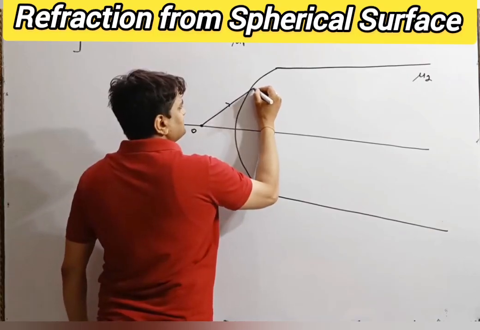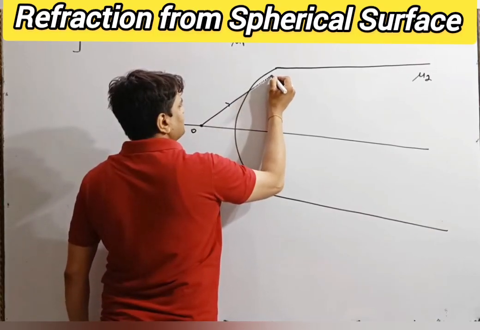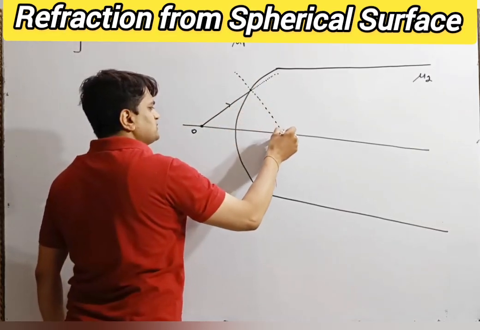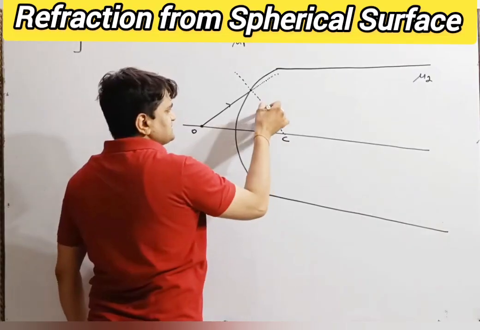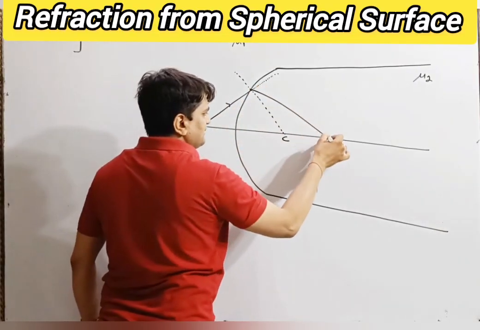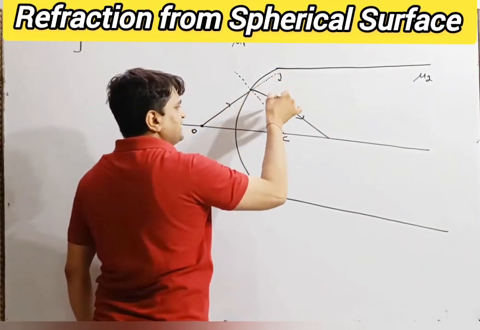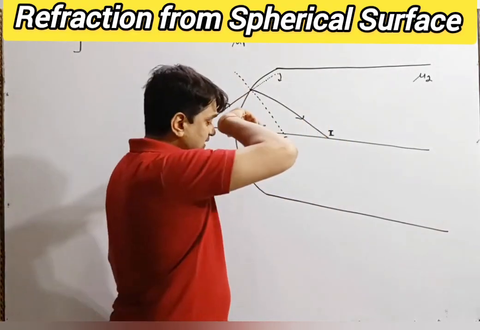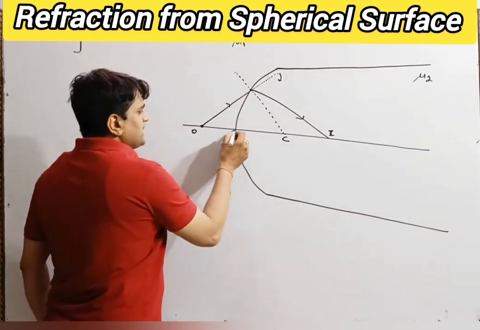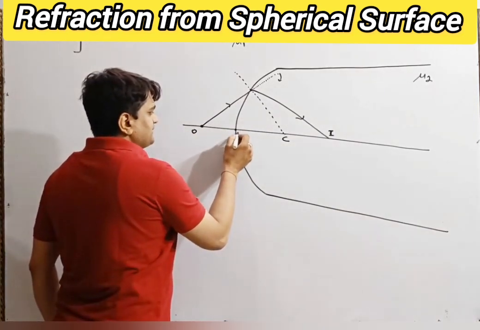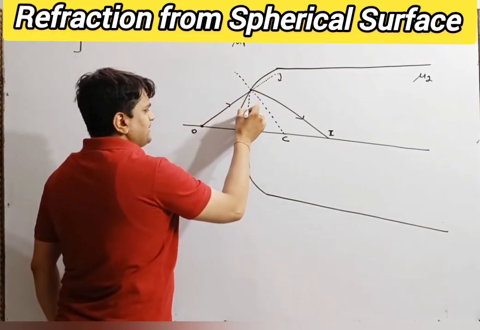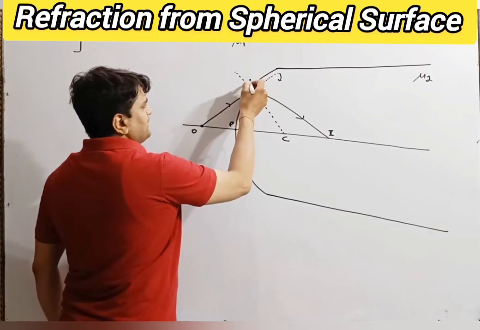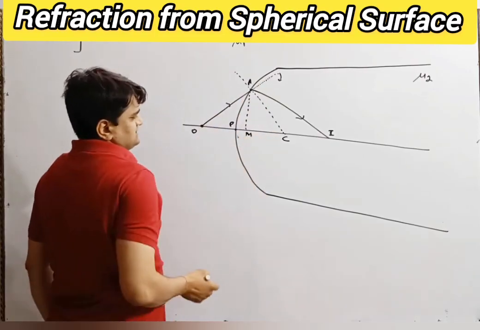If there is no medium change, then light might have passed along this path, but as the medium is changing, it will bend towards the normal. Okay, this is the normal, so light will bend towards the normal and the final image is formed at I. Okay, this is O and let's consider this as P and draw a perpendicular from point A on the axis.